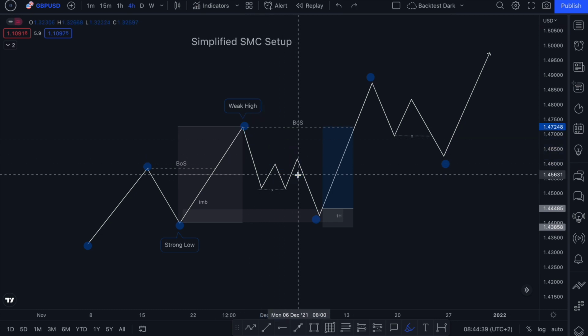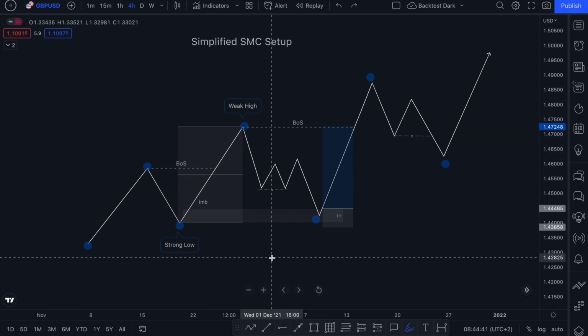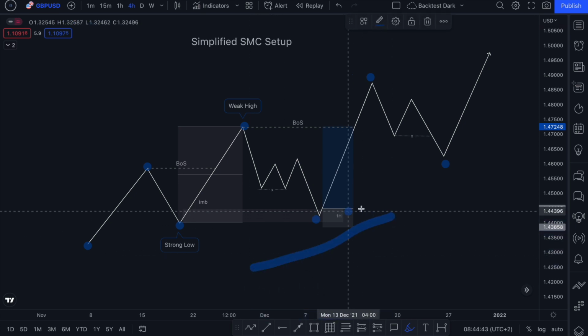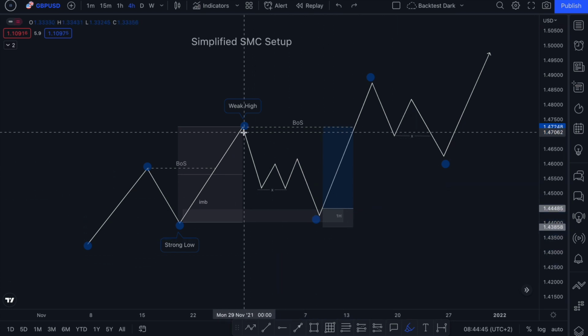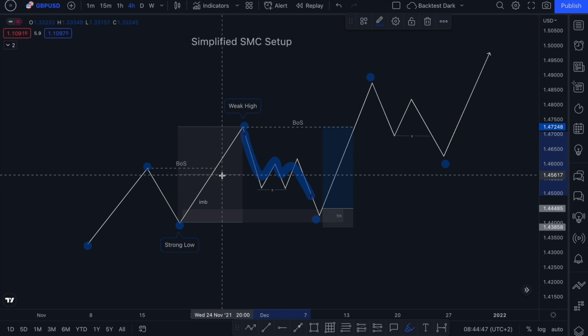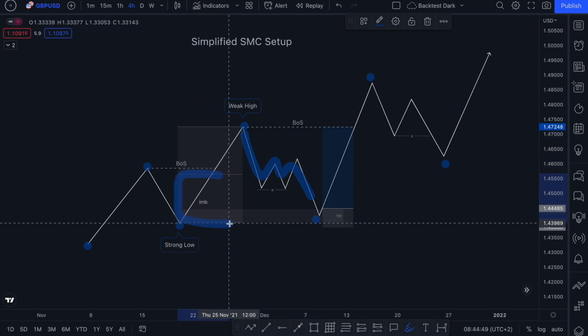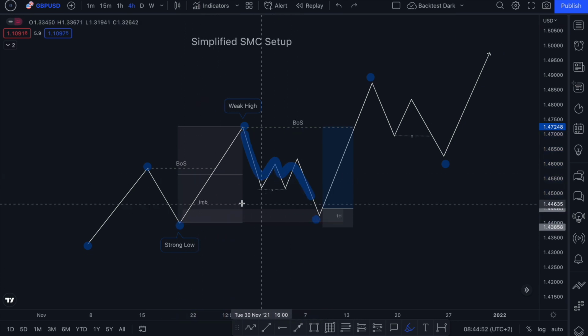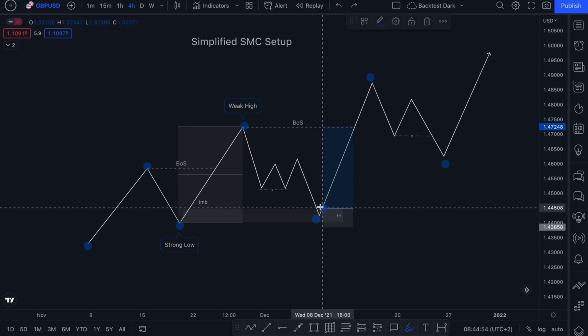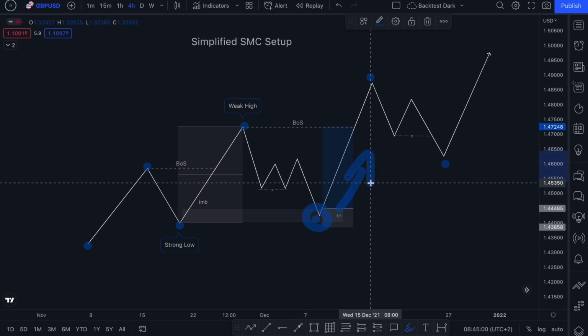Okay. In order for me to get involved in the underlying trend, which is bullish, I want to wait for price action to pull back towards discounted pricing, okay? And then once it pulls back into discounted pricing, I want to wait for it to mitigate a valid demand zone before entering a trade, all right?